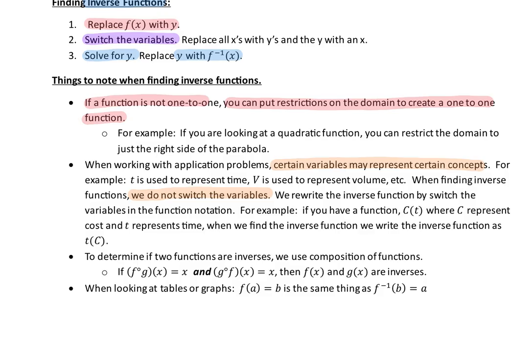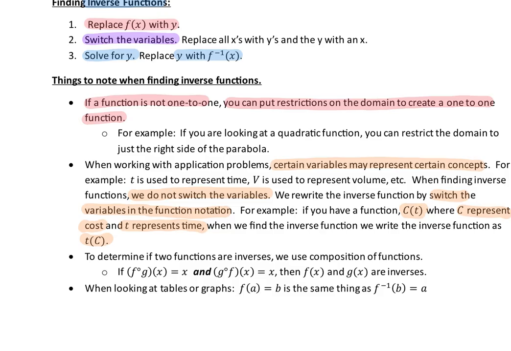Instead, what we do is switch the variables in the function notation. So for instance, if we have a function c of t, where c represents cost and t represents time, when we find the inverse function, we write it as t of c, meaning that c, the cost, represents the input, and t, or time, represents the output.